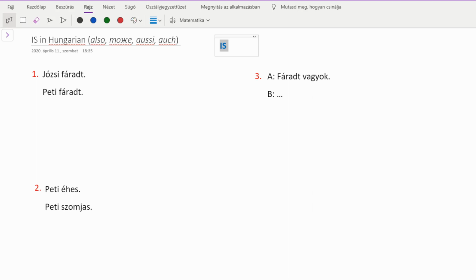So let's collect these words this way. I put Józsi, Peti. And we also said that there's the same condition to both people. So I draw little lines here, which mean that Józsi fáradt, Peti fáradt, and maybe it's beneficial to divide these people, these subjects, and the condition.